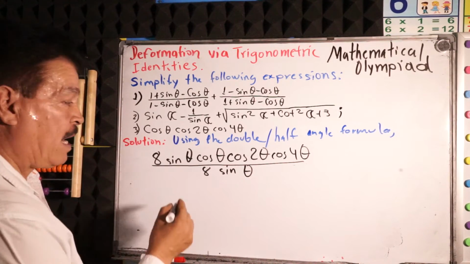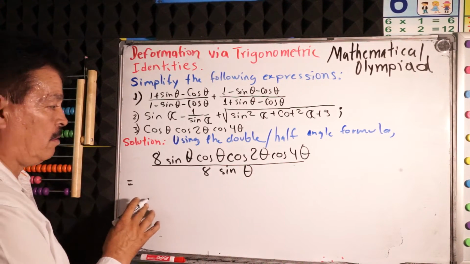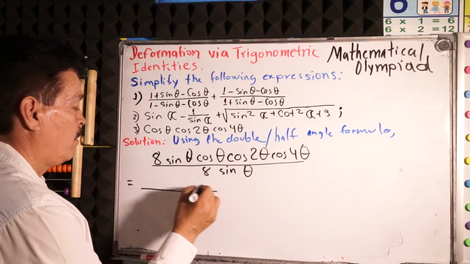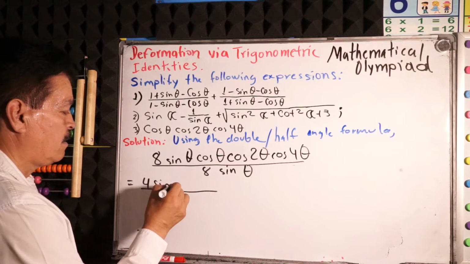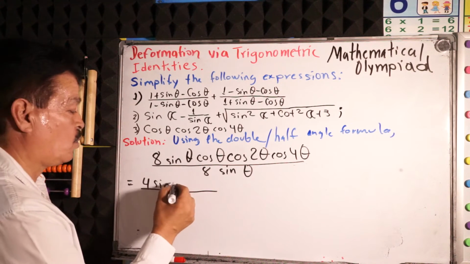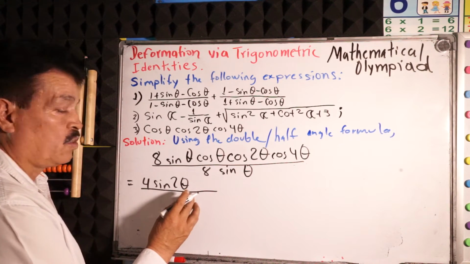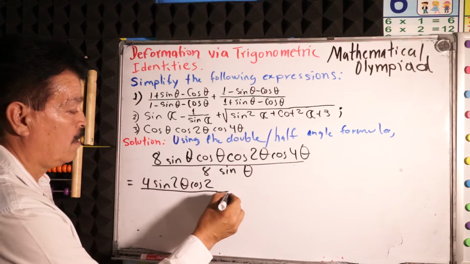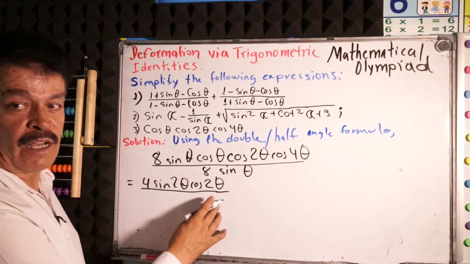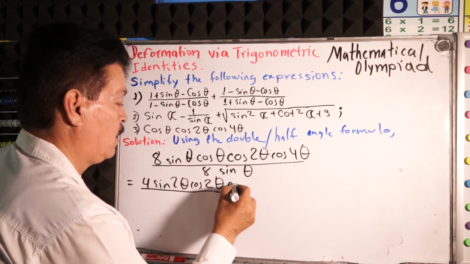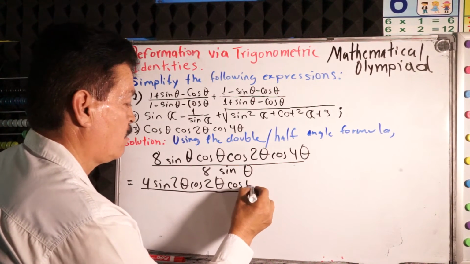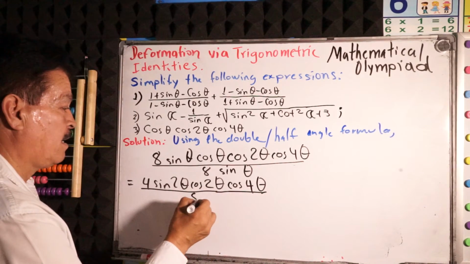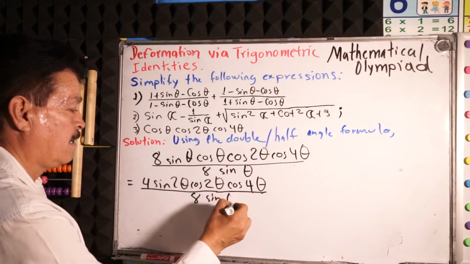Okay, so now this will be equal to, we have on top 4 sin 2 angle times cos 2 angle, cos 4 angle, in the bottom 8 sin.